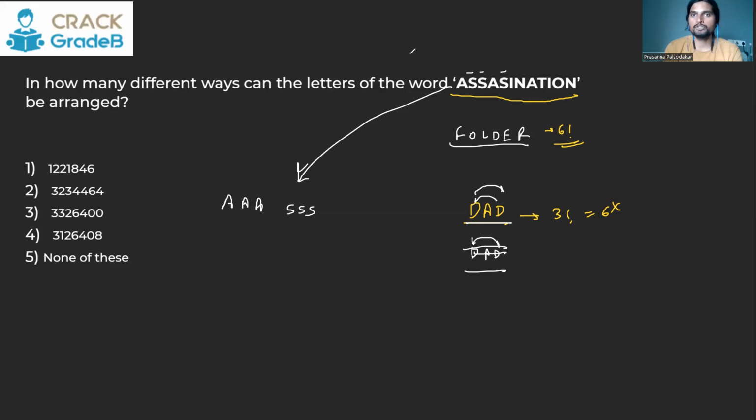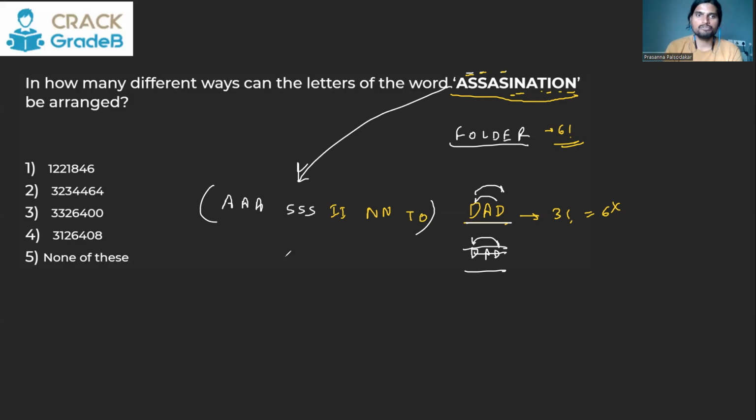In fact, there are 4 in the actual spelling, but here there are 3, so we'll write 1, 2, 3. Then there are 2 I's. Then there are 2 N's. And then T and O. So there are total 12 letters like this.